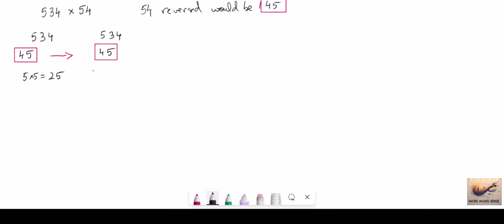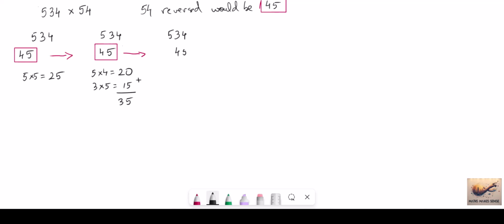This time I will have 5 times 4 is 20. 3 times 5 is 15. If I add them up, it's going to be 35. Okay, almost there. 534 and 45, right?